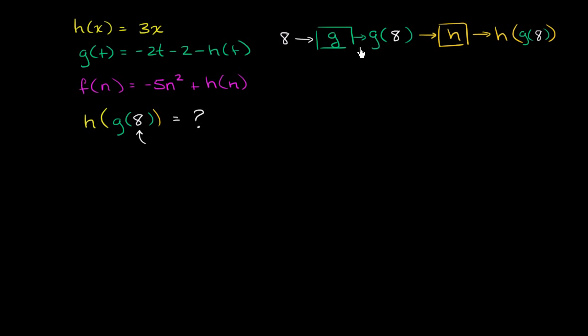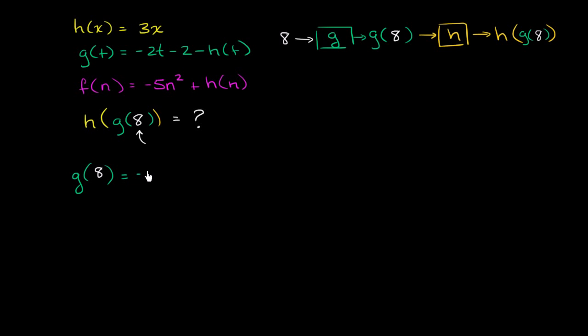Let's figure out what g of 8 is. I'm going to color code it so we can keep track of things. g of 8 is equal to, well, g of t, we have our definition here. So our input now, instead of a t, 8 is going to be our t. So every place where we see a t in this function definition, we replace it with an 8.